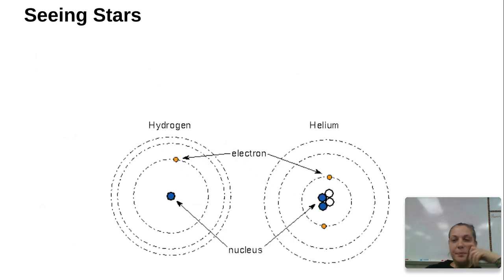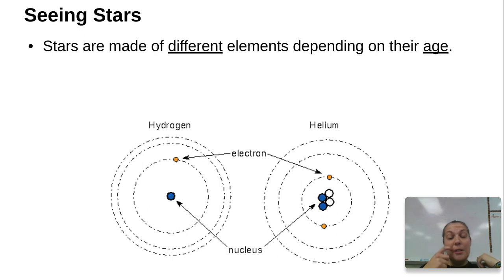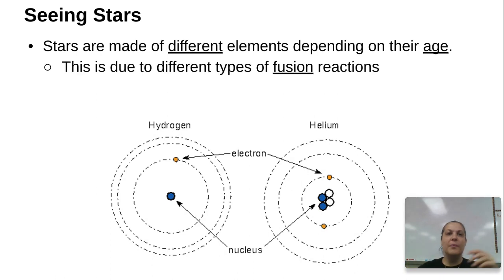All right. Stars. Okay, where do we get it? Well, we know that stars are made up of different elements depending upon their age. We were just talking about hydrogen fusion reactions, the hydrogen that makes helium. However, we can have other kinds of reactions because those other elements have to be made some way, somehow.